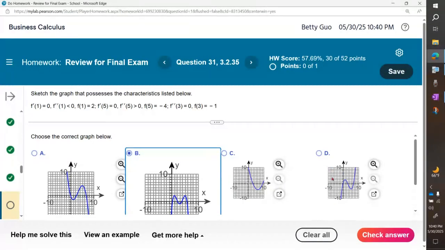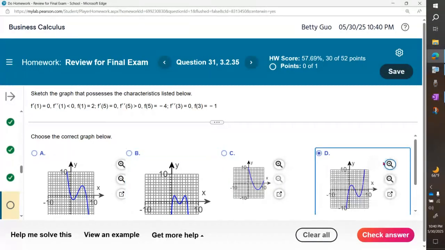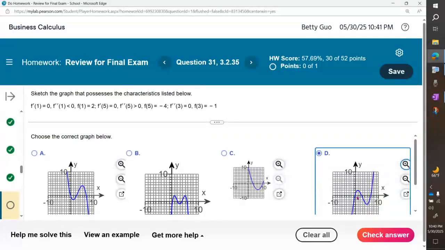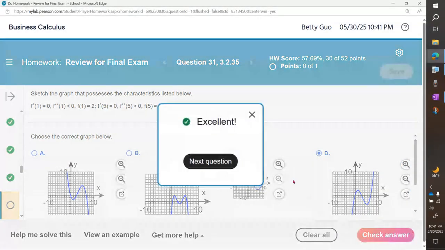Another maximum, but no. It has to be a minimum at 5. 1, 2, 3, 4, 5. Okay, I'll choose D.